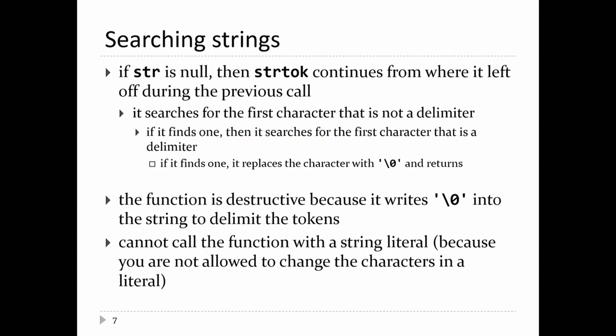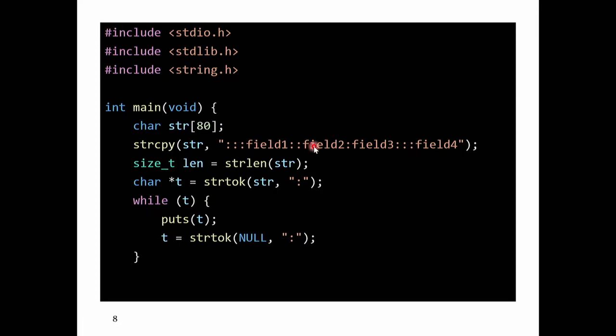It then searches for the first character that is a delimiter. So it stops at the colon, and it overwrites that colon with \0. So it remembers where it left off. It has a pointer to that f, writes \0 there, and returns a pointer to that f.